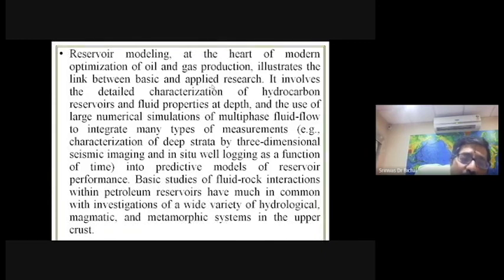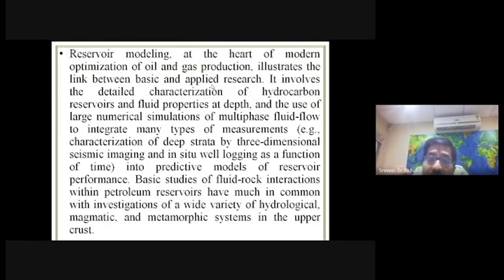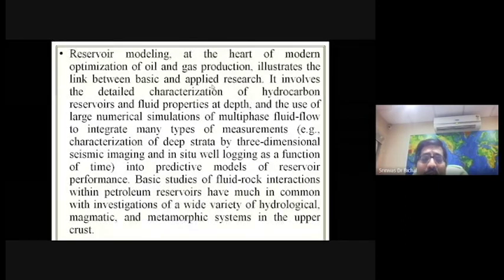Then once you know what rocks are there, you put it into a system. These days modeling needs a dedicated, not a PC, a big system wherein you can feed in all this data and get a model. A high-end PC may also do most of the work.